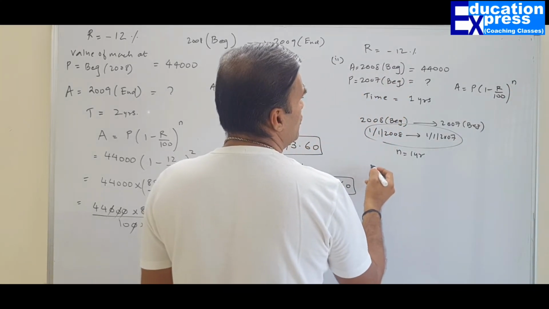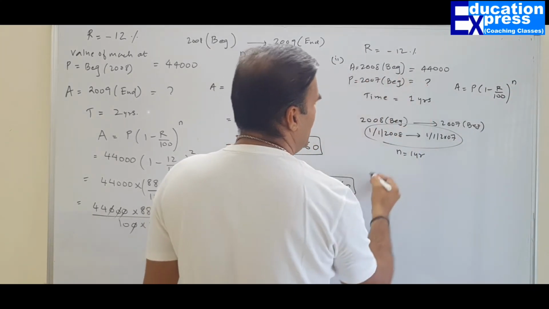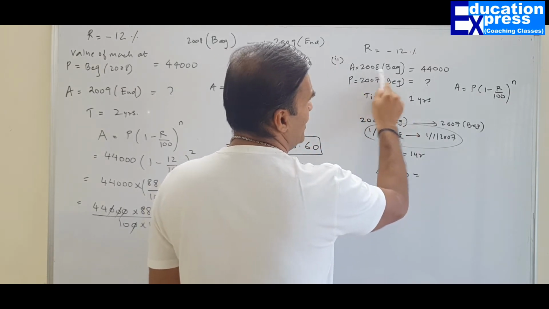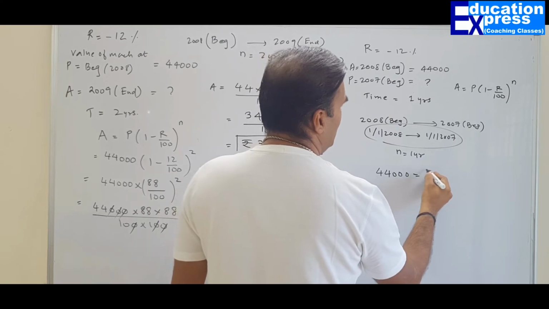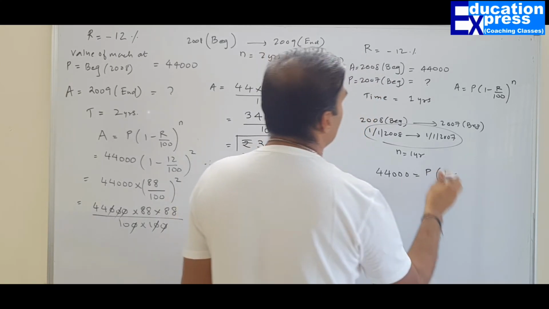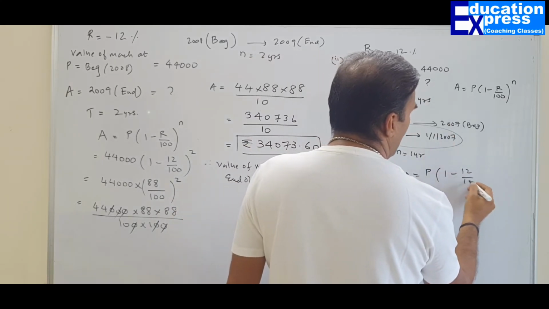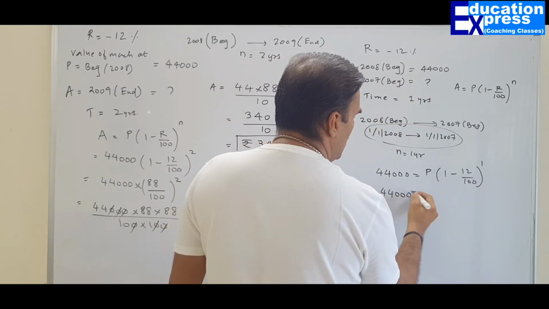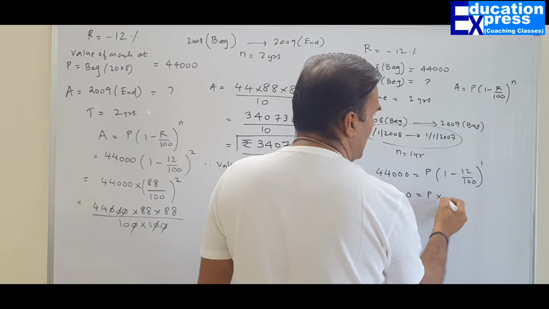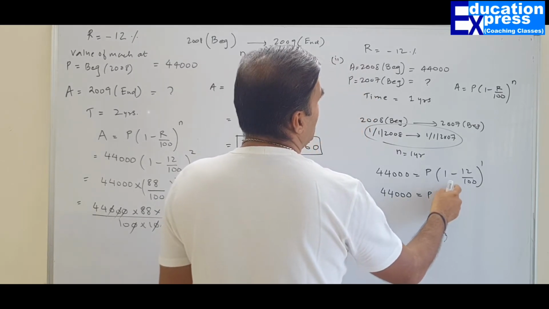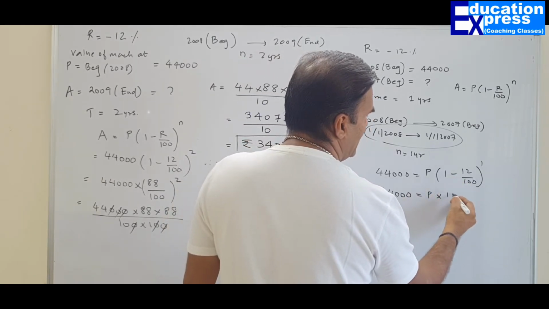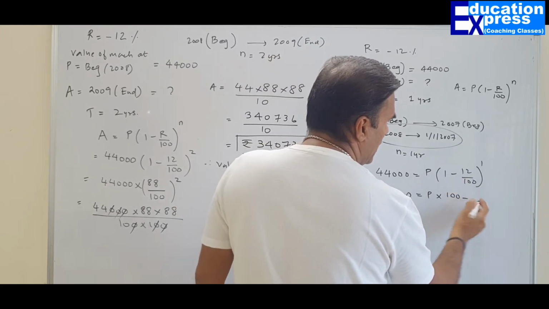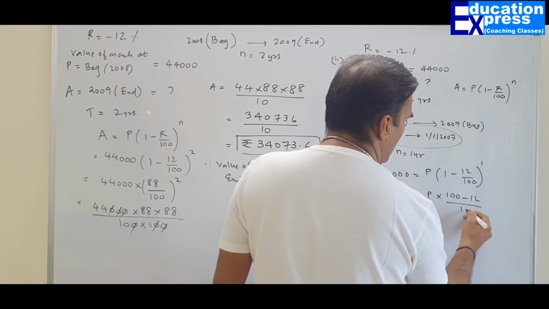When I do so, is the amount available? Yes sir, 44,000. How did you know sir? So 2008 is the amount. Principal not known. (1 minus rate 12 upon 100) raised to 1. So 44,000 will be equal to P multiplied by (100 minus 12) upon 100.